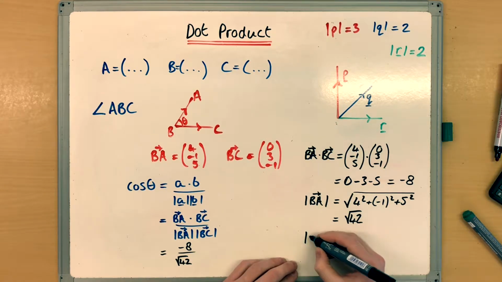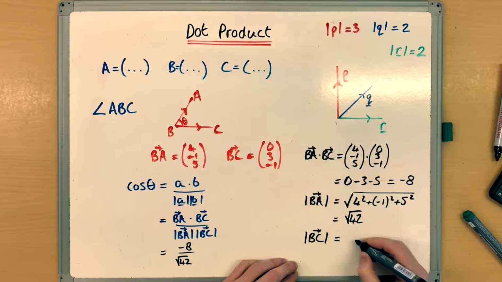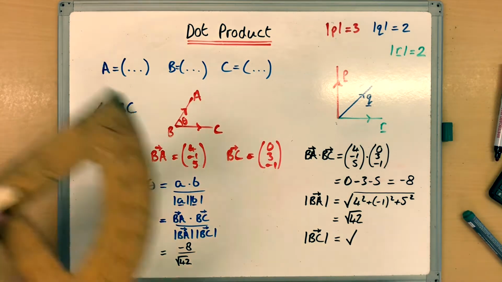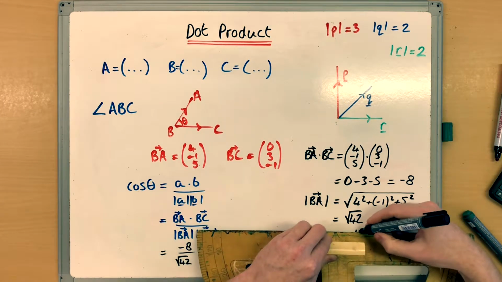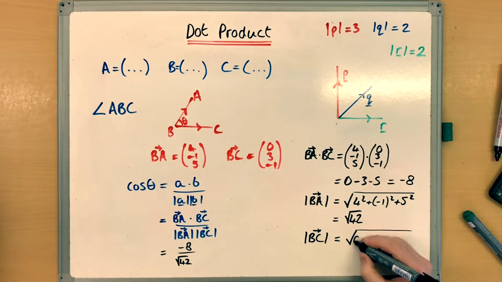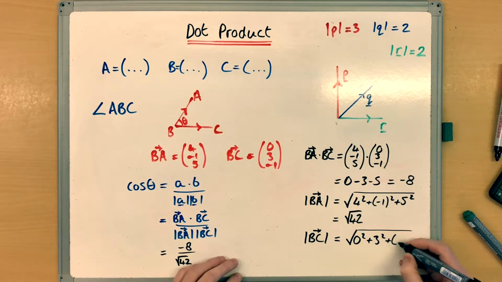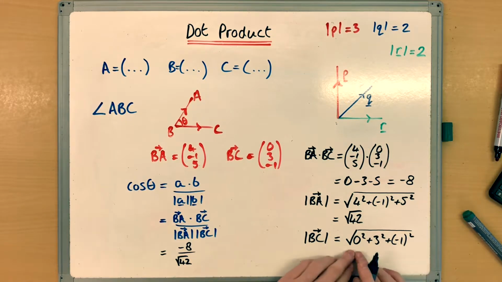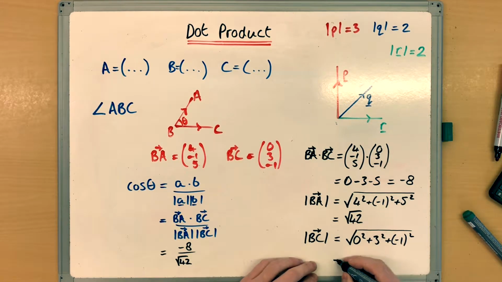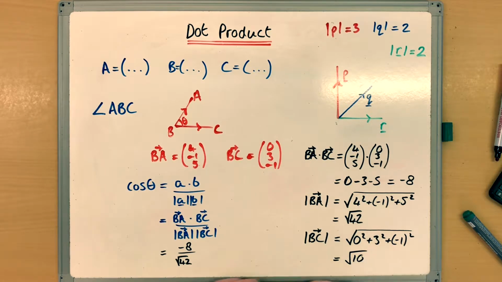And now I need the magnitude of BC. So I'm going to do the square root of 0 squared plus 3 squared plus -1 squared. So nothing plus 9 plus 1 is 10. And again, I'm just going to put that in here.